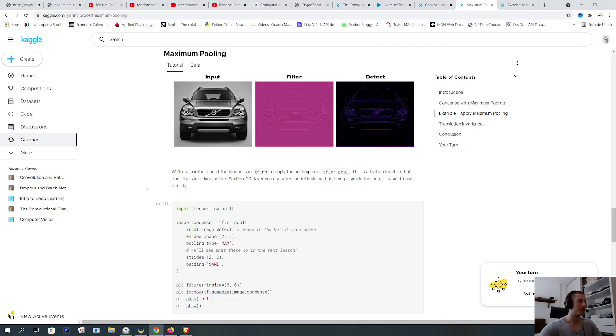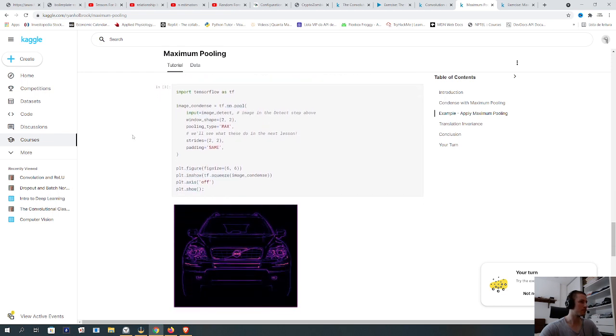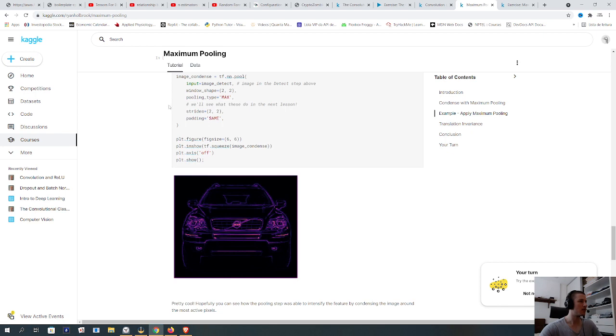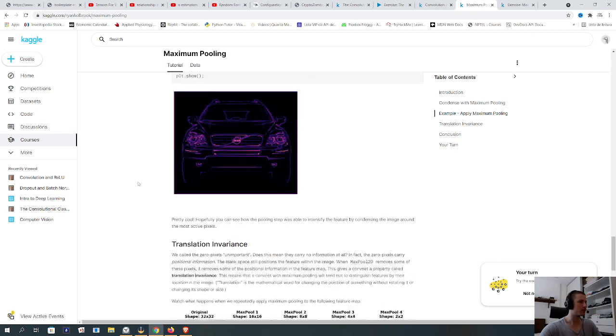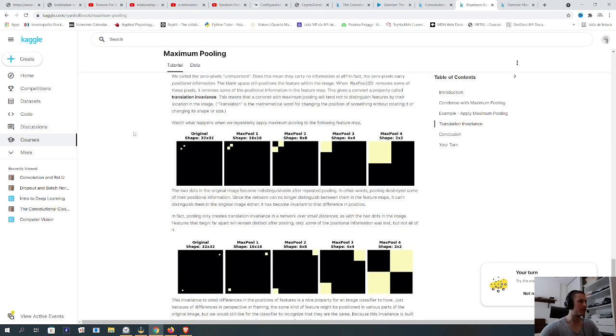This is a Python function that does the same thing as the MaxPool2D layer you use when model building, but being a simple function, it is easier to use directly. So, tf.nn.pool. Pool window shape, pooling type, padding, strides.